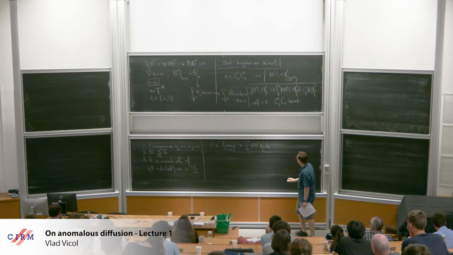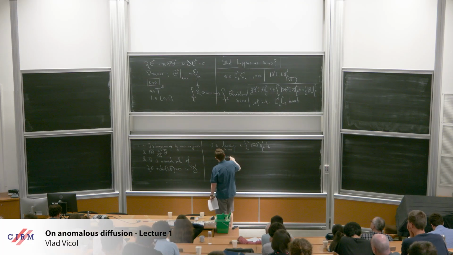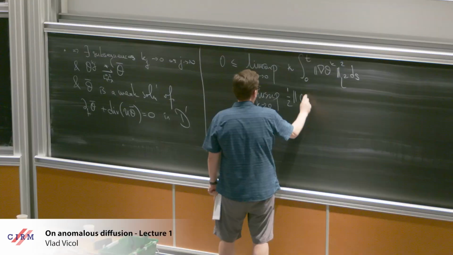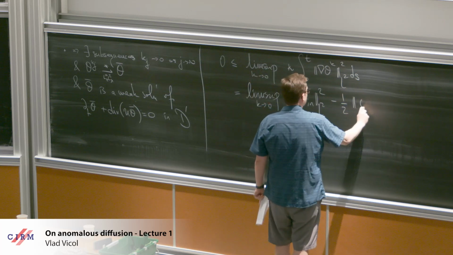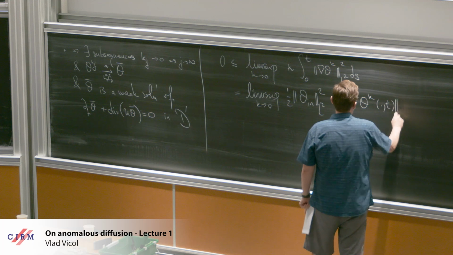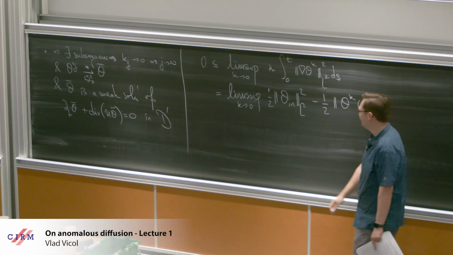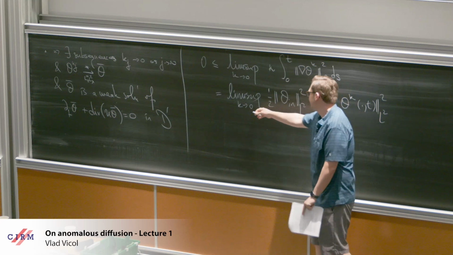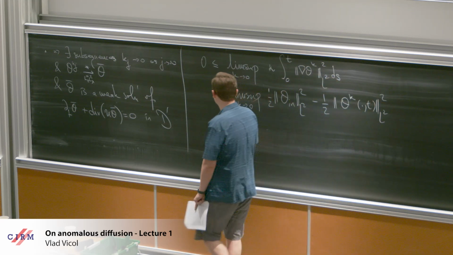Okay, so this is of course equal to limsup of the initial data L2 squared minus the solution at time t. Okay, I haven't really done anything. And now this doesn't depend on kappa, so I can put this in here. Limsup of a minus becomes minus of the liminf.